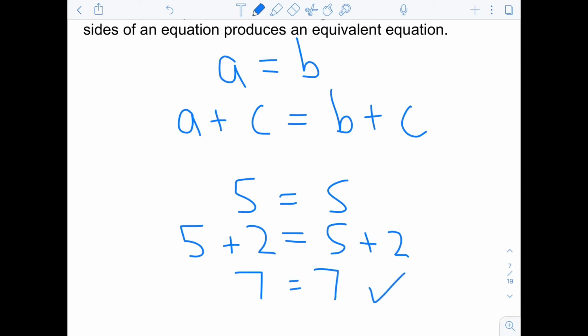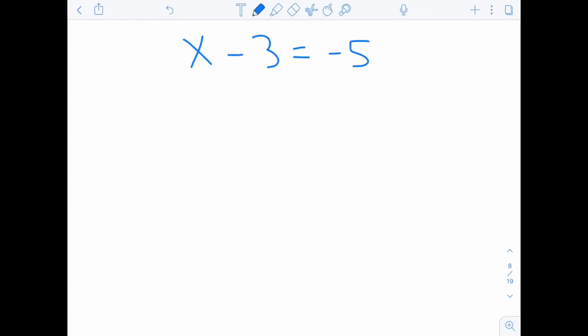Let's use this property to solve some equations. x minus 3 equals negative 5. We want to end up with x equals some number. We want to isolate x and just keep it on its own. To do that, we have to get rid of this negative 3.